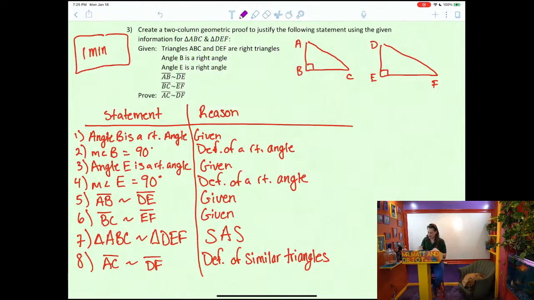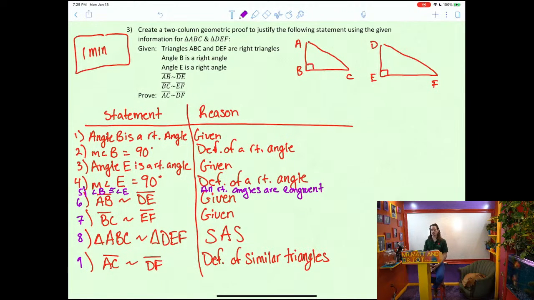We need to make sure that we say that the angles are equal to each other. So let me just say 5, that angle B has to be congruent to angle E because all right angles are congruent. Sorry about that. So that would be 6, this would be 7, that would be 8, and this would be 9.